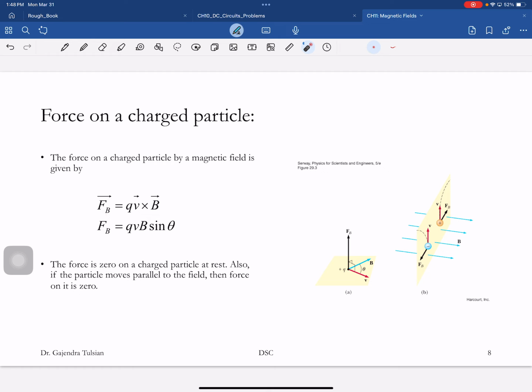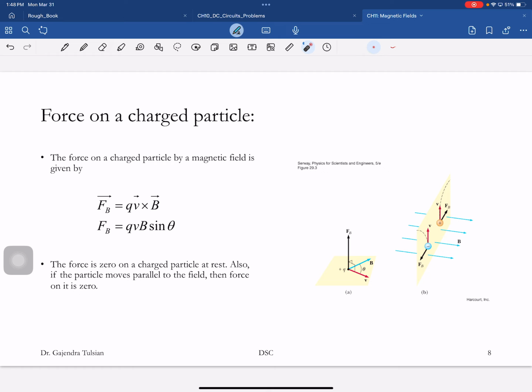The magnetic force exerted by a magnetic field on a charged particle Q is QV cross B, the cross product of the velocity vector and the magnetic field. Again, if the particle is uncharged, the force is zero. If the particle is at rest, the force is zero. And of course, if the magnetic field is zero, then it's zero. Also, if the two vectors are parallel to each other, then the force is zero.